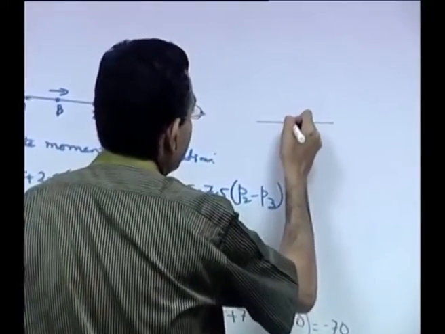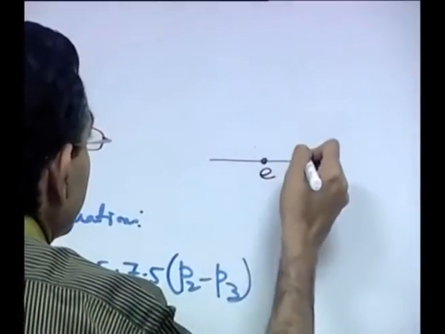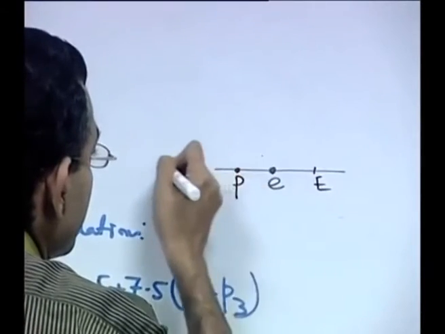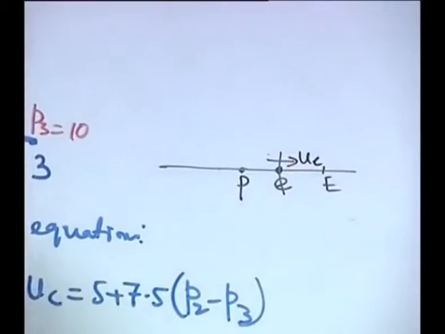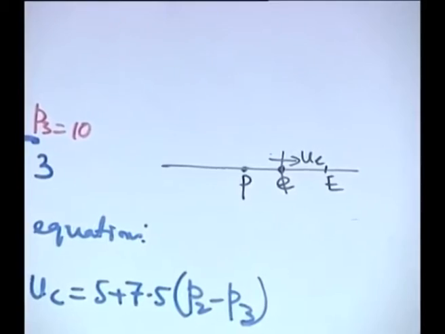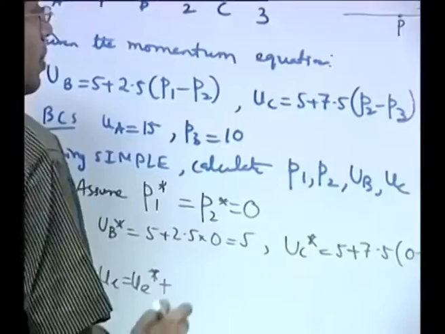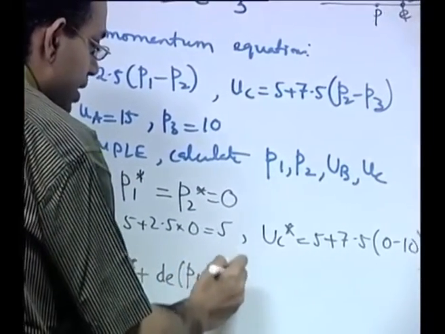If you consider grid point E, where you have the velocity UE, then UE is equal to UE star plus dE into Pp prime minus PE prime.